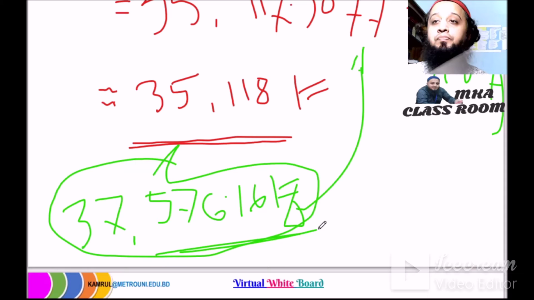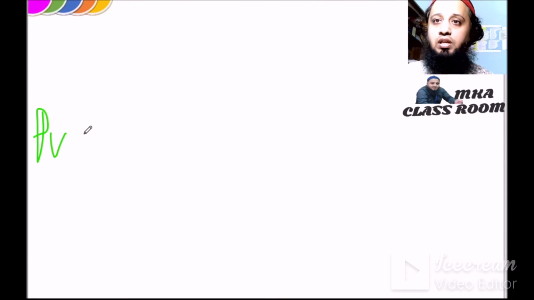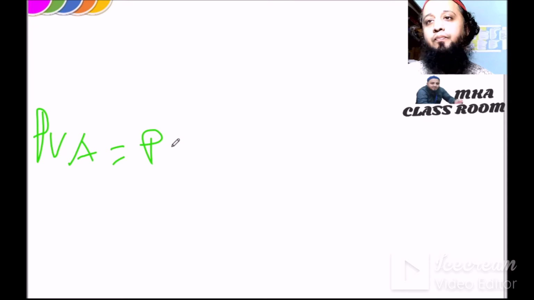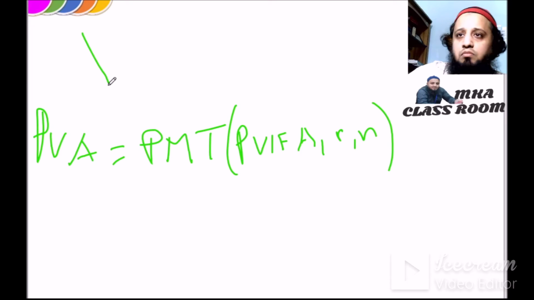So, we will see this problem by a tabular method. PVA equals PMT into PVIFA. That is the name of our table, with r and n. That is the formula for our tabular method.